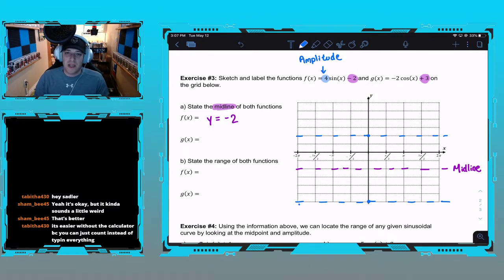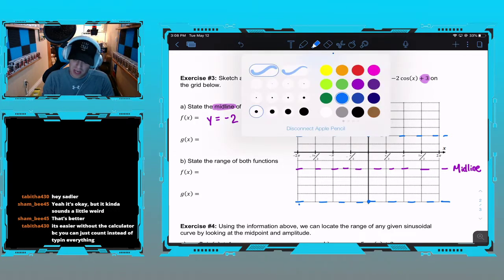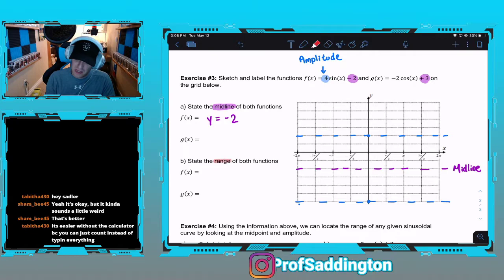So the purple line is right in the middle, and the blue lines are going to represent the highest point and the lowest point of our graph. Even though we don't know what the graph looks like yet, we do now know the highest and lowest points. We also know what that is called, because the highest and lowest points are known as the range.